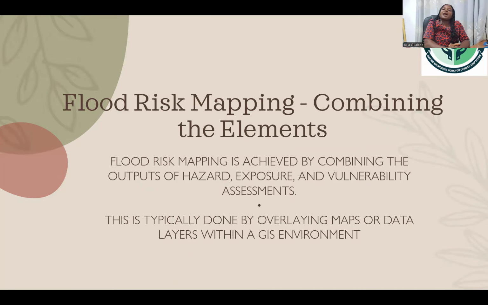All right. And so when we are looking at flood risk mapping, it simply tries to combine all these three elements. By combining the output of the hazard map, the output of the exposure map, and the output of the vulnerability assessment, one can see that flood risk mapping has been done.